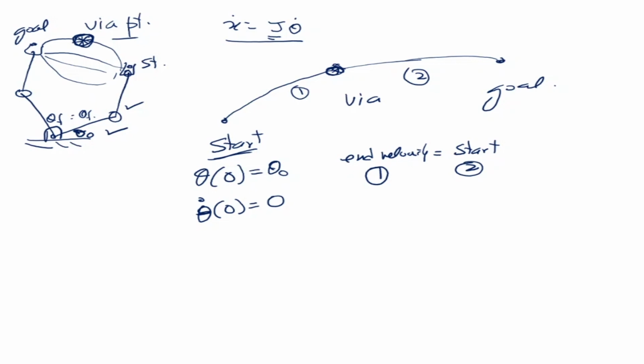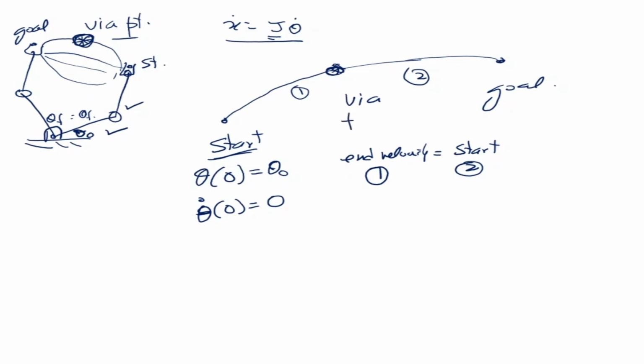So in order to maintain that continuity, we'll say the end velocity of the first cubic polynomial is equal to the start velocity of the second one.